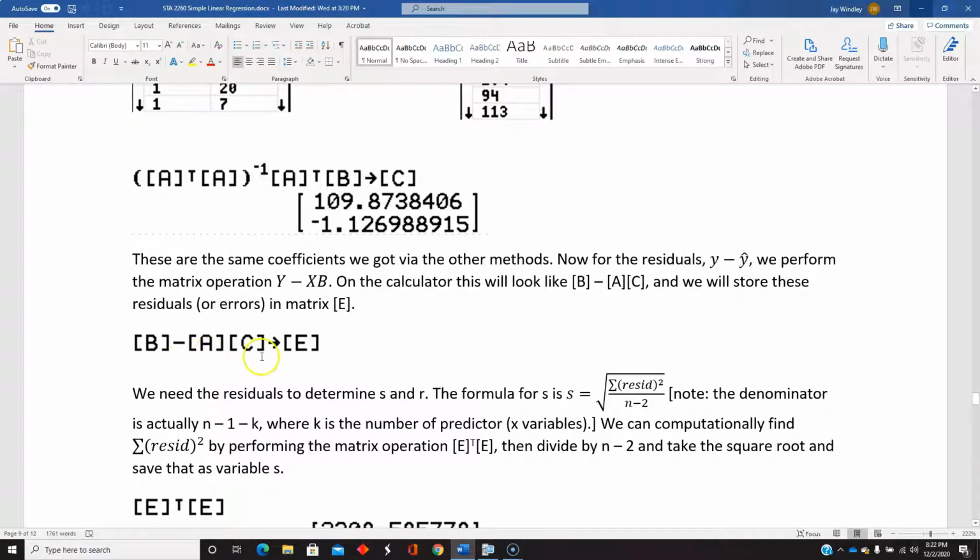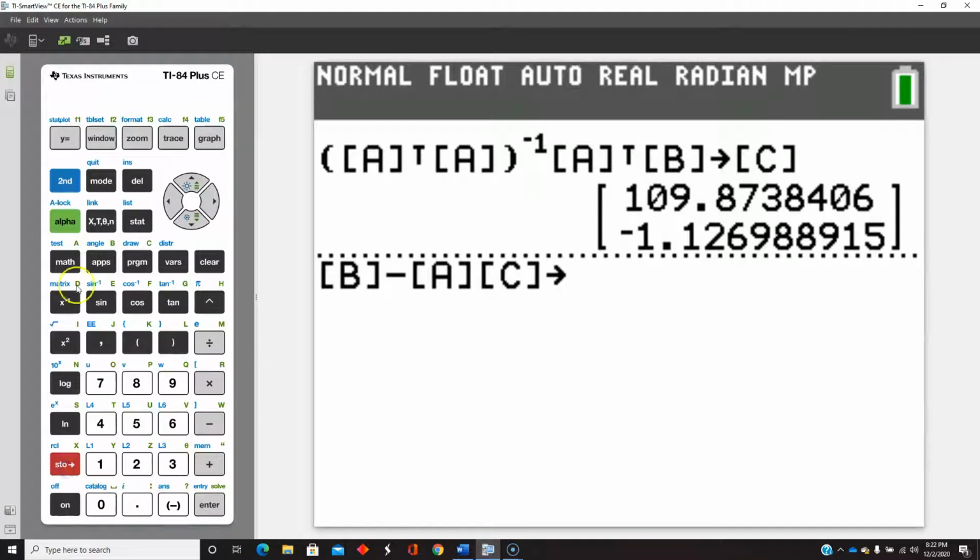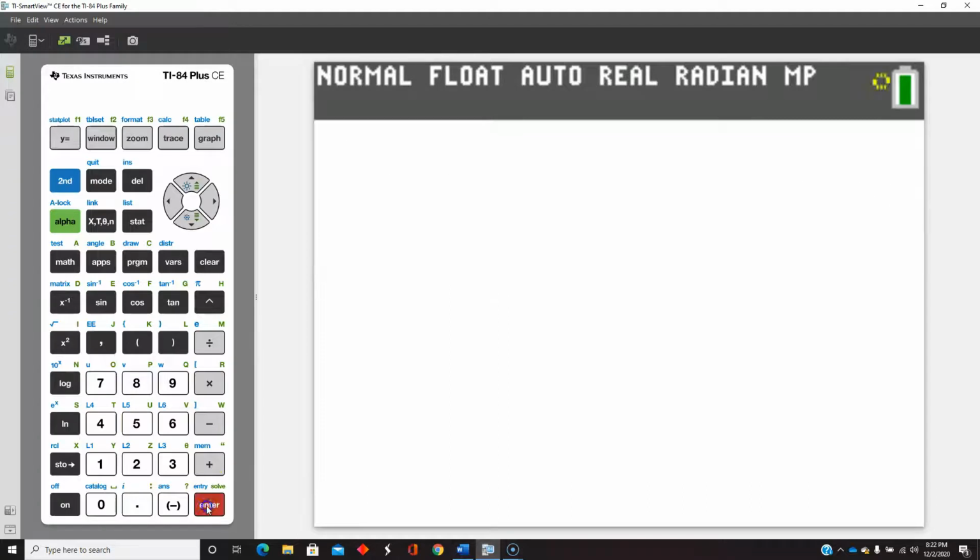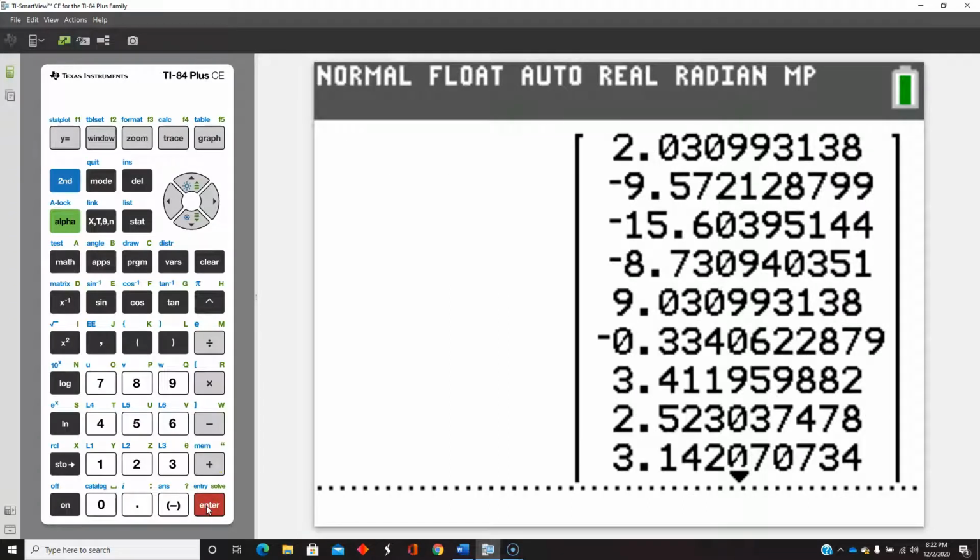So B minus AC, and we're going to store that in matrix E, because the residuals are sometimes referred to as errors. So the B's are the actual Y's, and A times C is X times our coefficients, which is basically plugging each X into the regression equation and getting a predicted Y, and then subtracting that from the actual Y. These are our residuals.